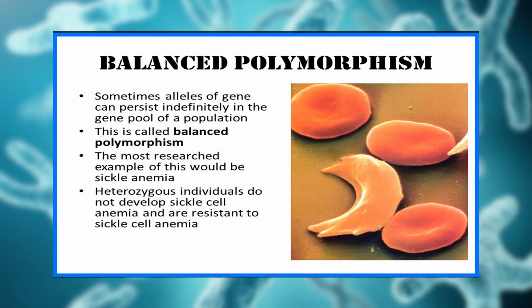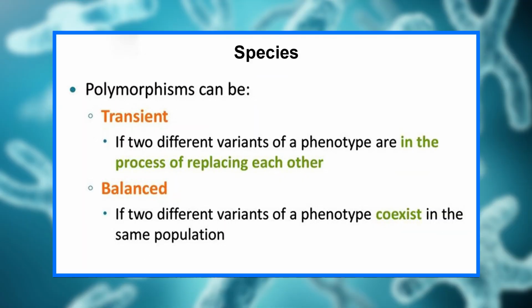In balanced polymorphism, the two alleles are in equilibrium with each other. Both versions of the gene are maintained in the population. Transient and balanced polymorphism can lead to phenotypic change and may alter protein expression.